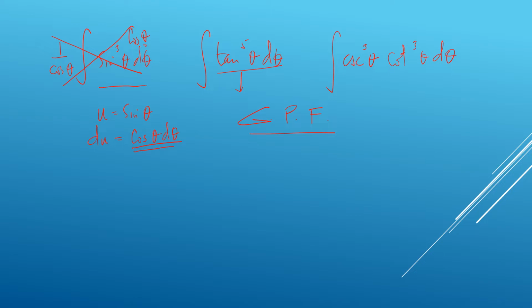So for powers of trigonometric functions, we will be grouping these types of integrals into powers of sine and cosine, and the other set, powers of the other four trigonometric functions: tangent, cotangent, secant, and cosecant.